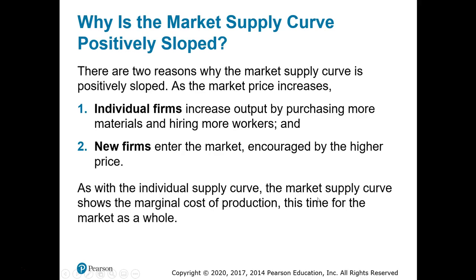Profit is the motivation behind suppliers. But in order for it to be an increase, they're going to need new materials and more workers. And as with that individual supply curve, the market supply curve shows the marginal cost of production, this time for the market as a whole.